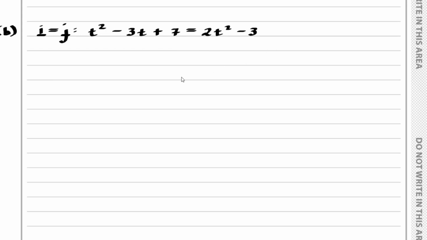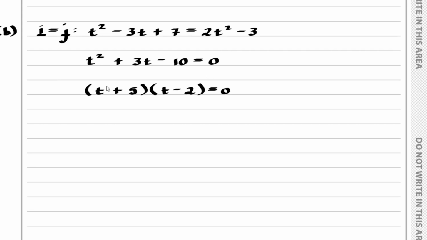If we rearrange this, you will find t squared plus 3t subtract 10 equals 0. We can factorize this as t plus 5 multiplied by t subtract 2 equals 0, and therefore t is equal to negative 5, or t is equal to 2. Which means t is equal to 2 seconds, because t is greater than or equal to 0.